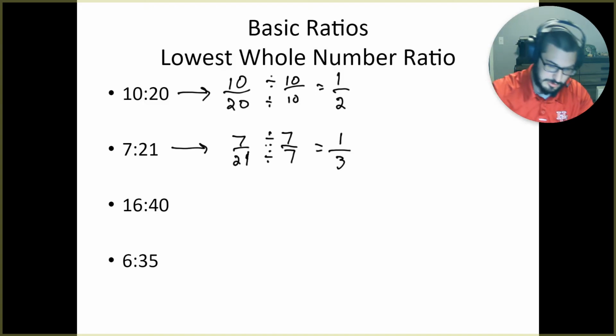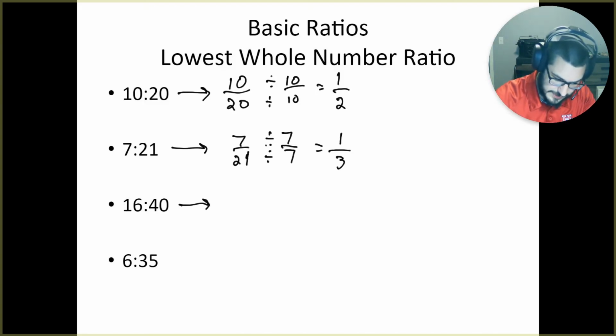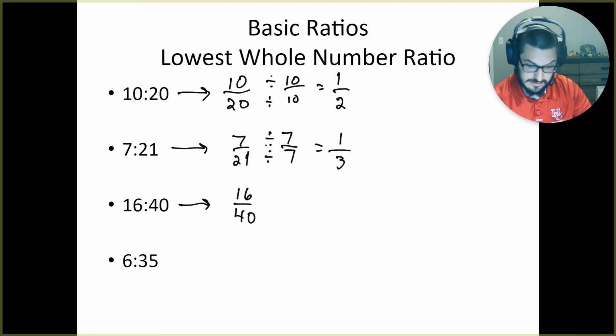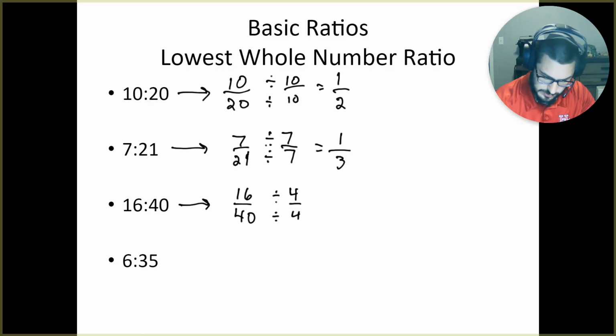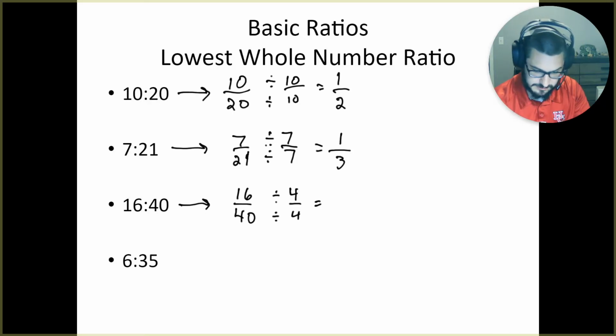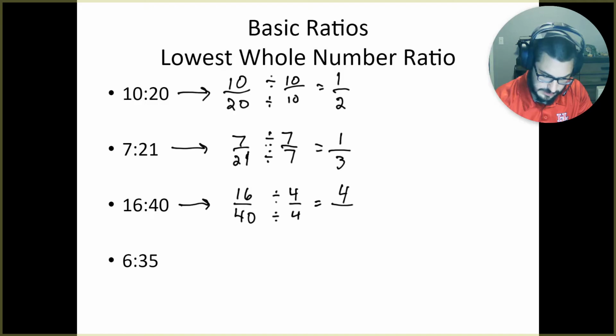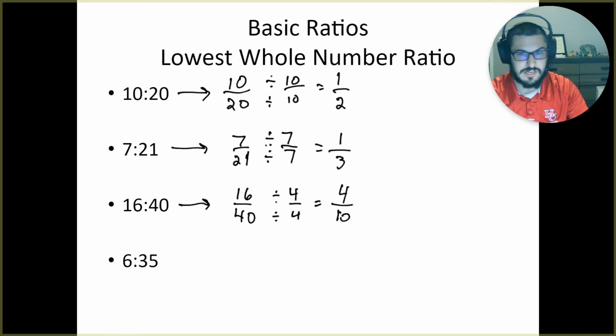This next one, for me personally, a lot of times I will do things in parts, so 16 over 40. I don't see immediately what I can divide both of those by, but I do see that I can divide both of them by 4. I'm going to start with that and see where that gets me. So I've got 16 divided by 4 will be 4. That'll be over 10. 40 divided by 4 is 10.